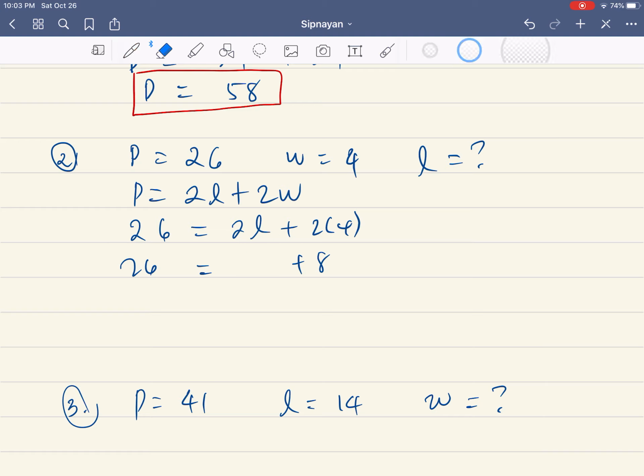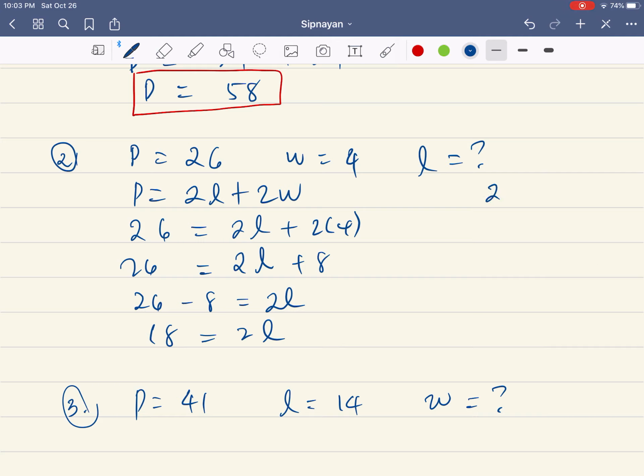So 26 minus 8 is equal to 2L. Yan, 18 equals 2L. Ibig sabihin yung 18, paghahatian siya ng 2L. So, tig-na 9 sila yung bawat length. So, L is equal to 9. Okay?